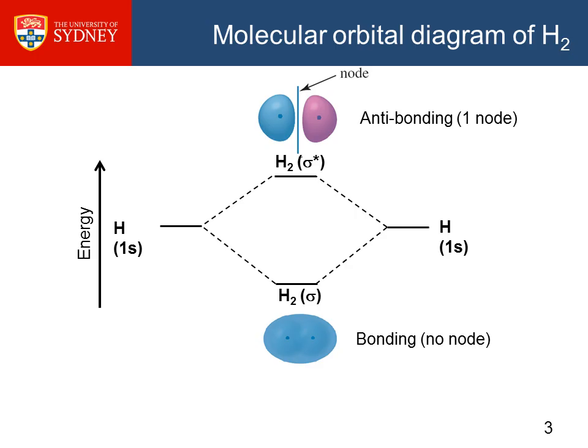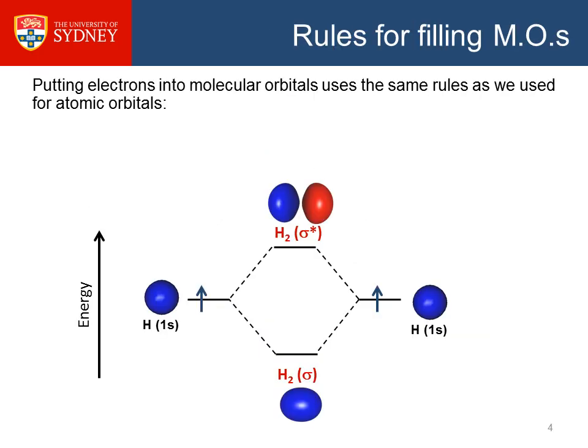This graph shows a so-called molecular orbital diagram, where the relative energies of atomic orbitals and molecular orbitals are shown. The rules for filling molecular orbitals are the same as those for filling atomic orbitals, meaning no more than 2 electrons can occupy an orbital.